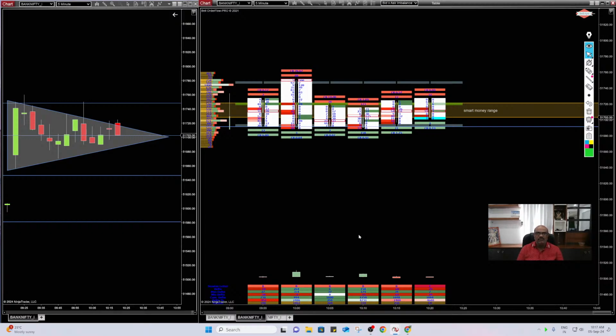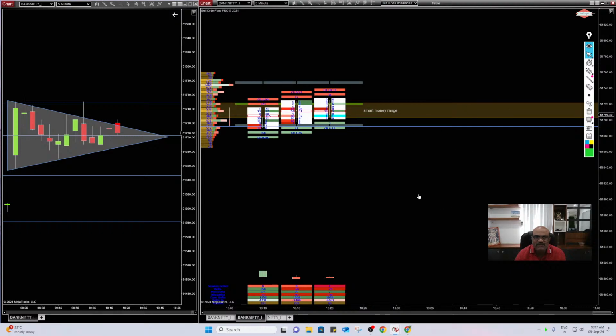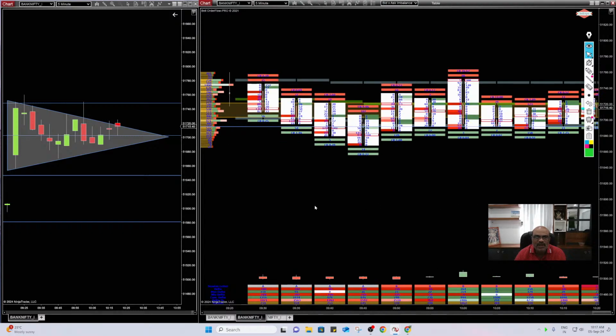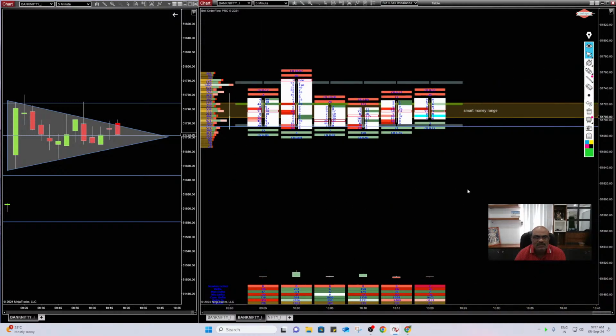There are no big orders on either side, so you don't have to worry much. These are all candles which have very little volume. See, the last candle, the red 5-minute candle, has only 31 and 3 caught here. So the trade is trying to consolidate in the smart money range, because the smart money people will keep absorbing orders.